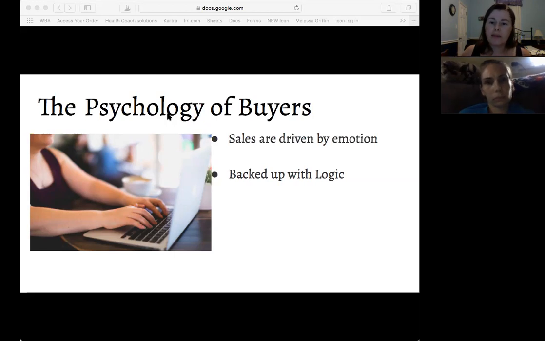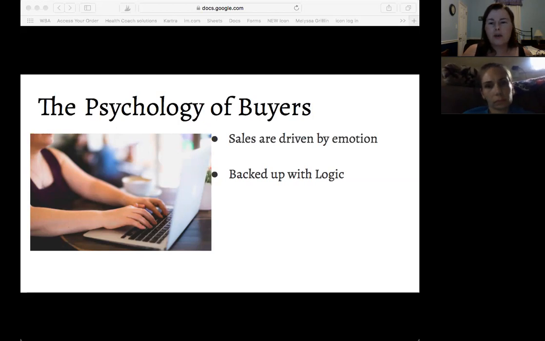A lot of times people make purchasing decisions and then rationalize them with logic. They want to be reinforced that they made a good decision to buy, which is why you'll see a lot of thank you pages for programs with testimonials, because it reinforces that they did the right thing to buy.